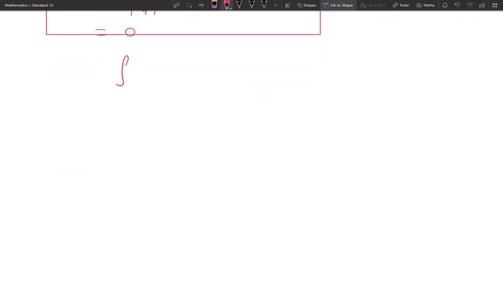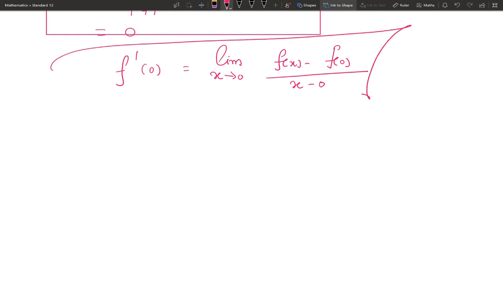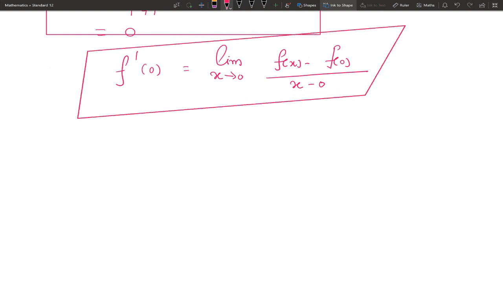Now, some basic thing, what is f dash 0 using definition? Limit x tends to 0 f of x minus f of 0 upon x minus 0. Okay, so f prime 0 is limit x tends to 0 f of x minus f of 0 upon x minus 0. We take one illustration related to this definition.